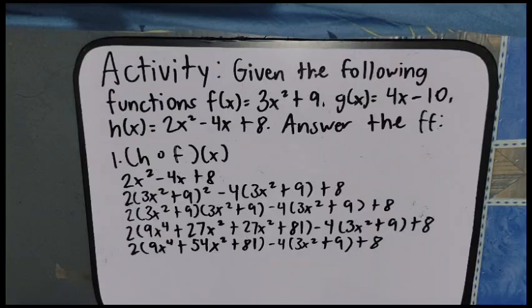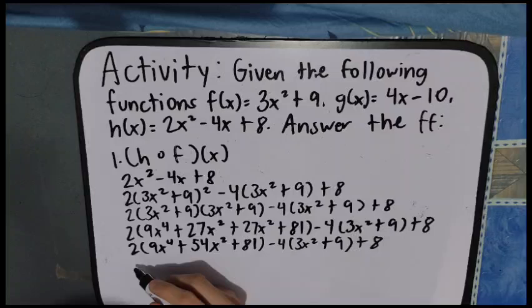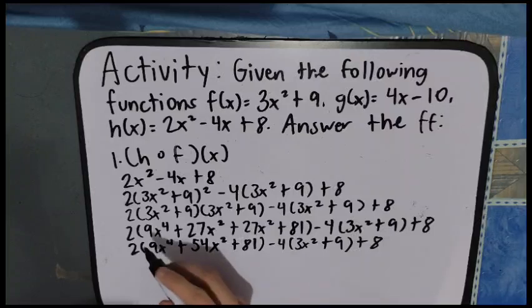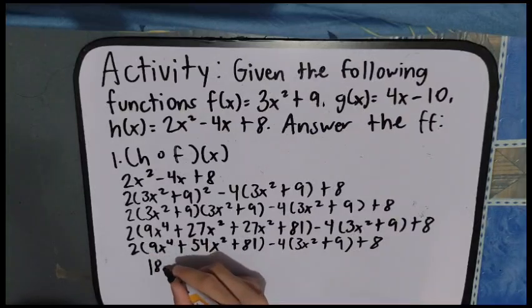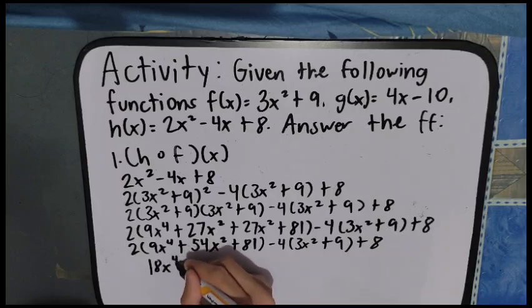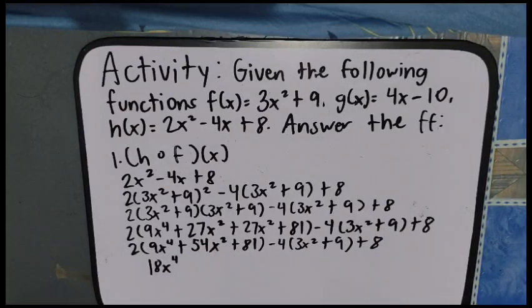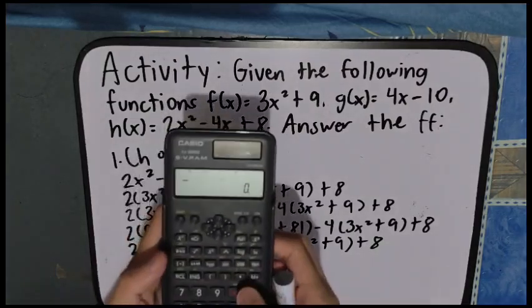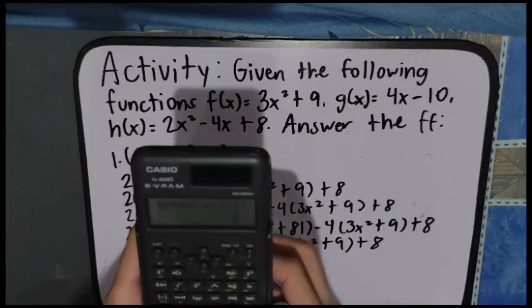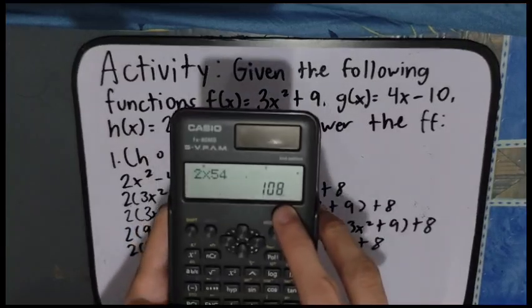Then after this, we just need to distribute 2 to these terms and negative 4 to these terms. So get your calculator. 2 times 9, we have 18. Copy the variable and the exponent. 18x raised to 4. Then 2 times 54x squared, we have here 2 times 54, it is 108.